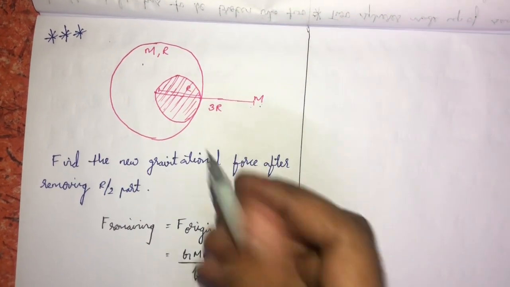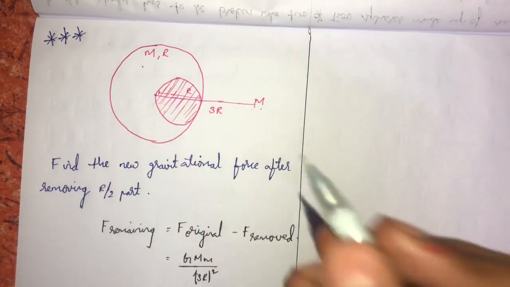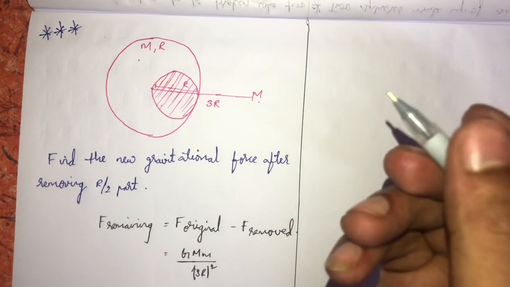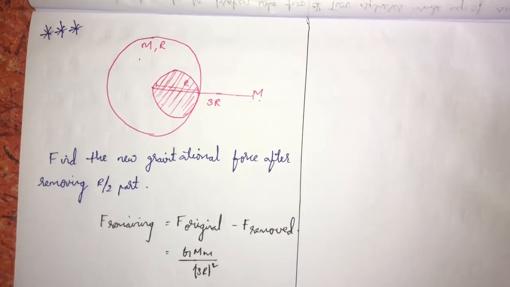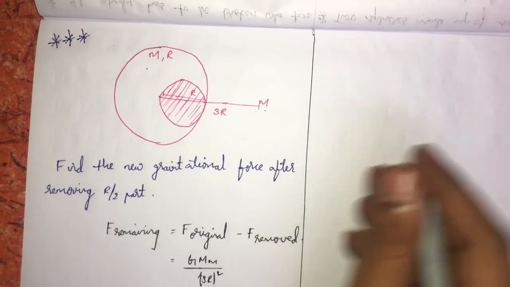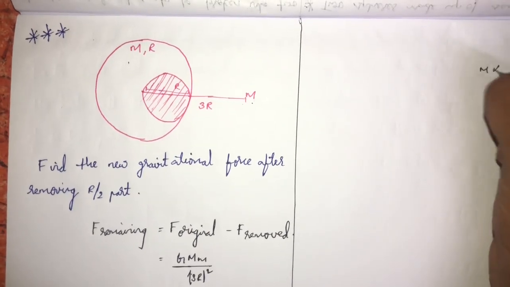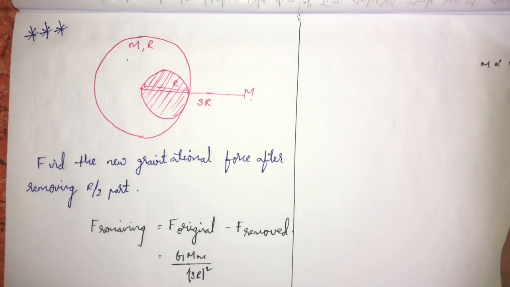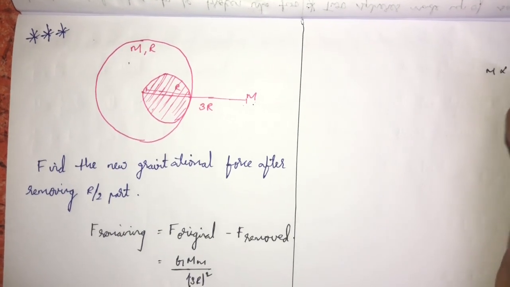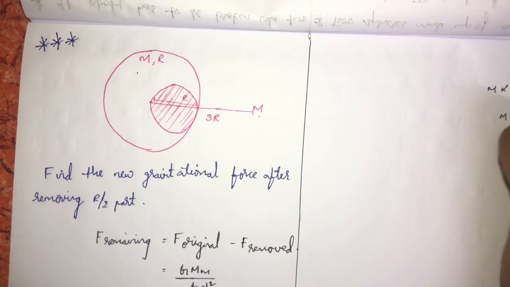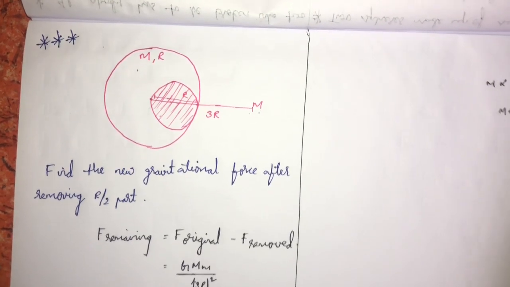After removing the r by 2 part, the mass of the new sphere will be, as mass is directly proportional to volume, where volume is directly proportional to 4 by 3 pi r cube, so mass is directly proportional to r cube.